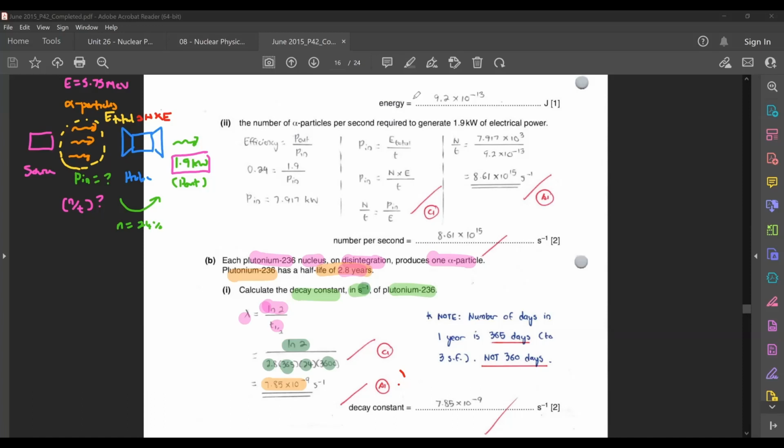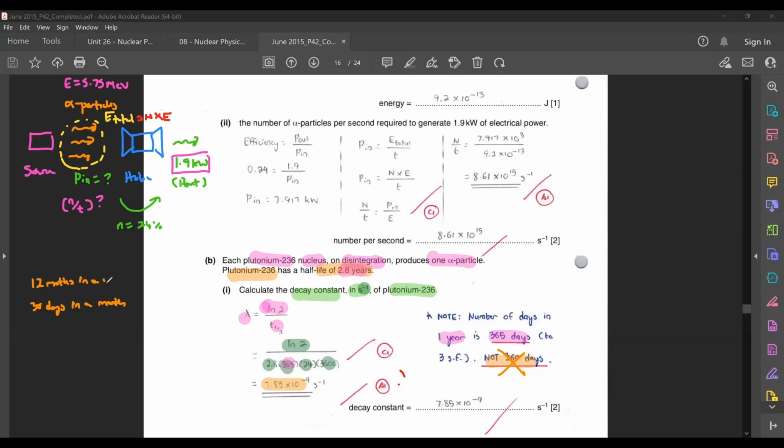Okay, so I'm not sure whether I've mentioned this to you before. When it comes to changing 1 year to number of days, it is strictly speaking multiplied with 365. There have been cases where candidates go and multiply with 360. The moment you multiply with 360, this is actually wrong. Because for some students, they tend to think of it like this. You have 12 months in a year, and then you have 30 days on average in a month.